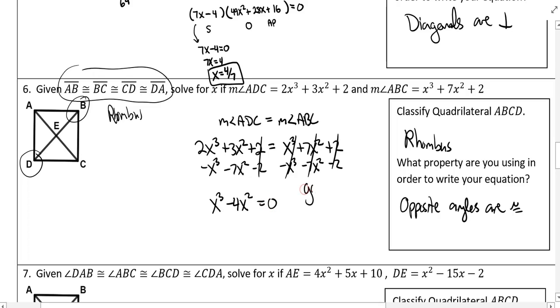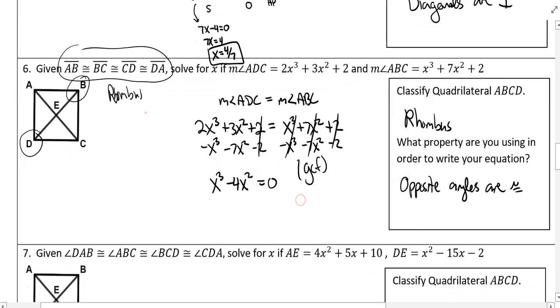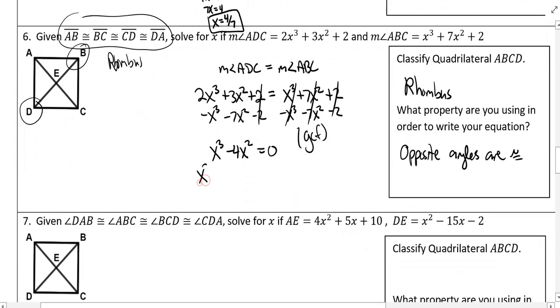Factor using a GCF. So factor out x squared, you get x minus 4 remaining. So x squared is equal to 0 and x minus 4 is equal to 0. If x squared is equal to 0, that means x is 0. And x minus 4 equals 0 means x is positive 4.